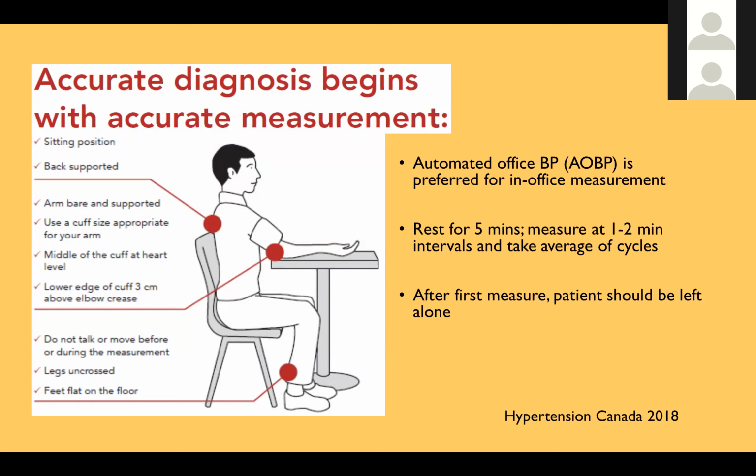For in-office measurements, automated office blood pressure is the preferred method, whereby you measure initially, then leave the room, and the remainder of the readings are averaged to give you a final value.